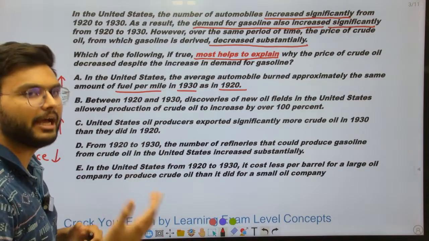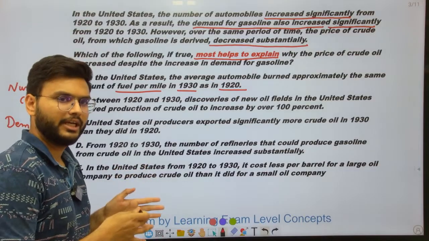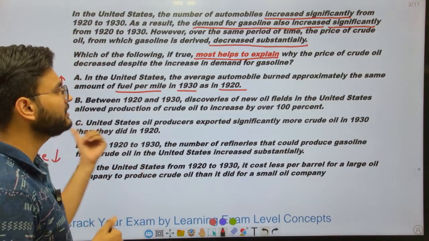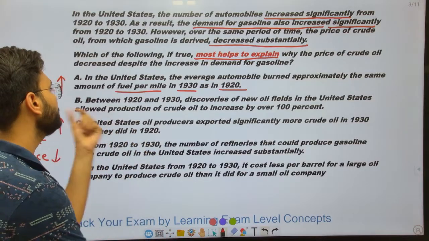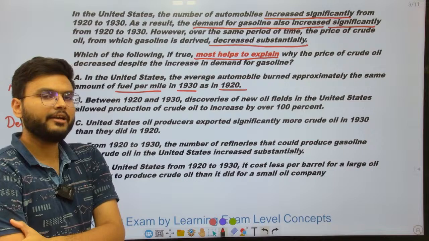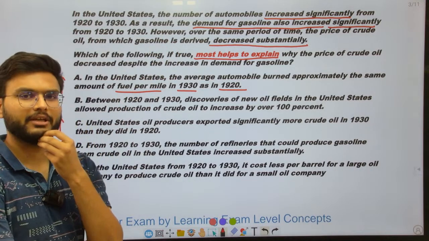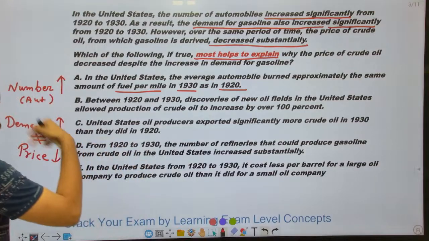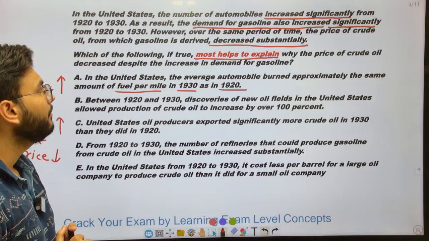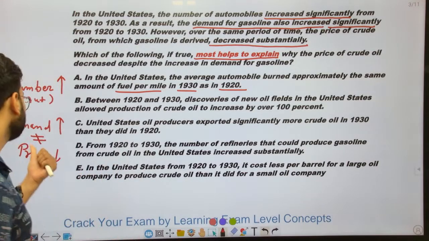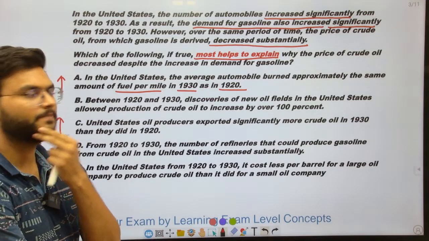This option just gives me information that in 1920 and 1930 the average automobile burned approximately the same amount of fuel, but it does not give the reason why this condition is happening. What was the reason that the number of automobiles increased and demand for gasoline automatically increased, but on the other hand the price decreased, when it should have also increased?